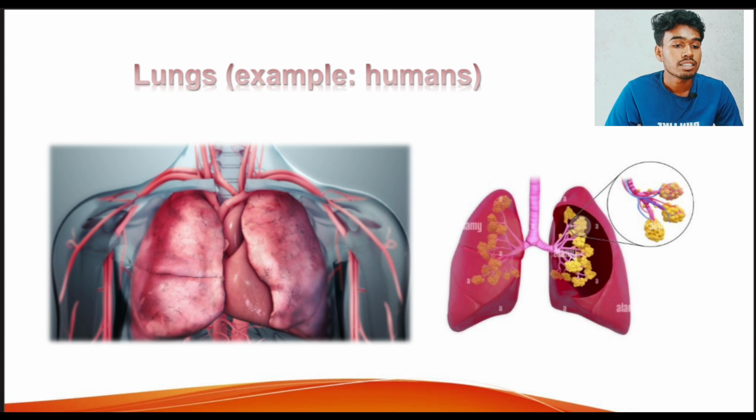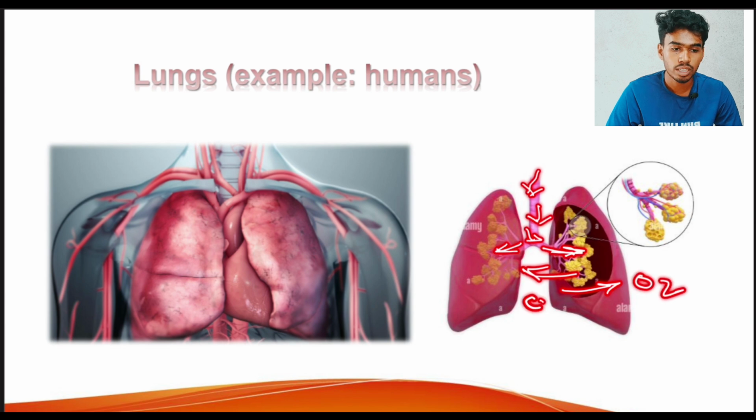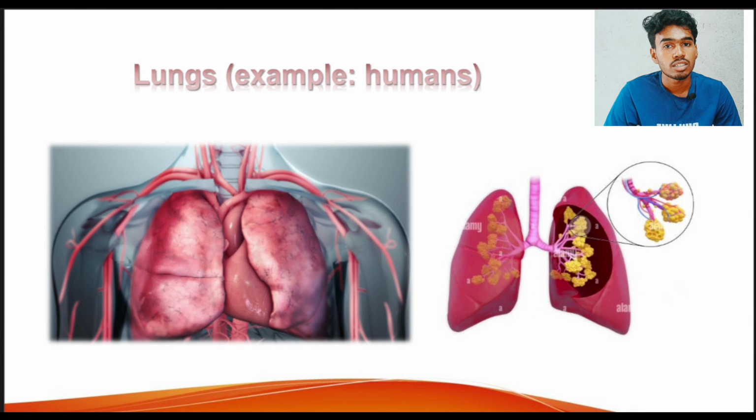And here is the tube, the canal, through which the air comes in. Here the carbon dioxide moves out and oxygen is taken in, and then the exchange of gases takes place in the lungs.